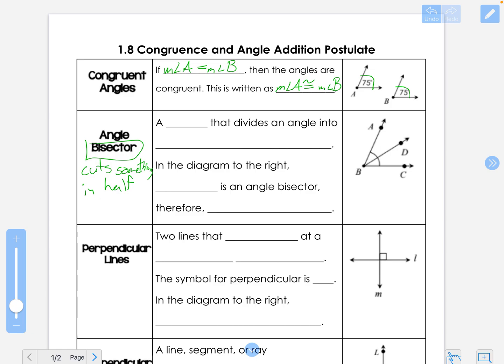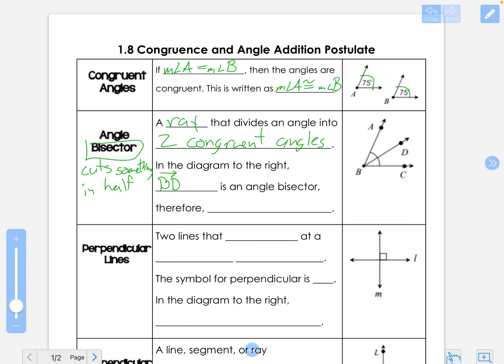The bisector vocab word means cutting it in half. An angle bisector is a ray that divides an angle into two congruent angles. So if we're looking at the picture to the right, ray BD.